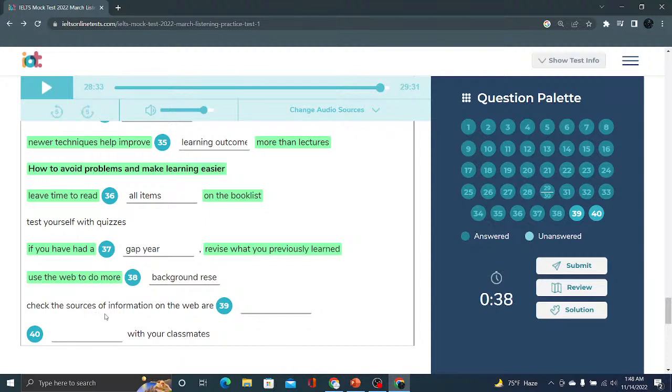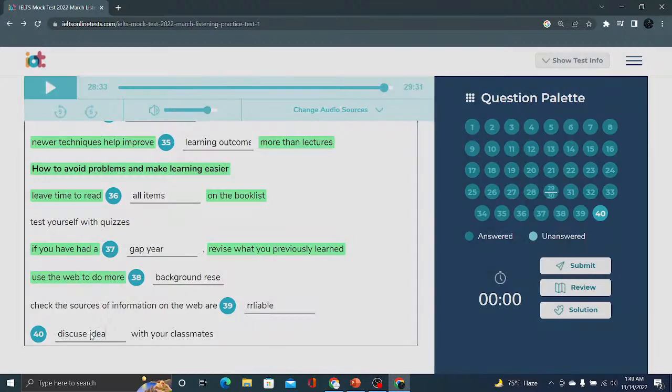So here, check the resource information on the web is reliable. The answer would be reliable. And we'll discuss ideas. Okay, ideas.